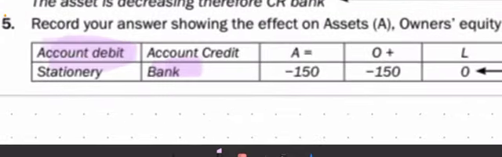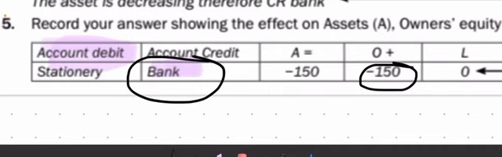We said expenses decrease owner's equity. That is why you are seeing a minus 150 over there. And then we also said that a bank is an asset, and it's also decreasing because we are paying. Hence we have 150 being negative under the asset.